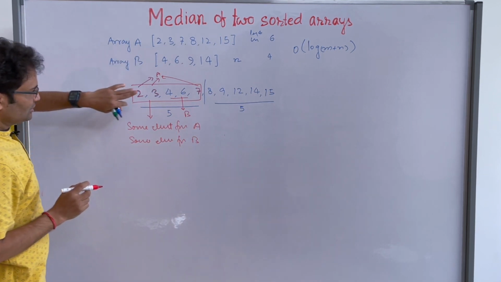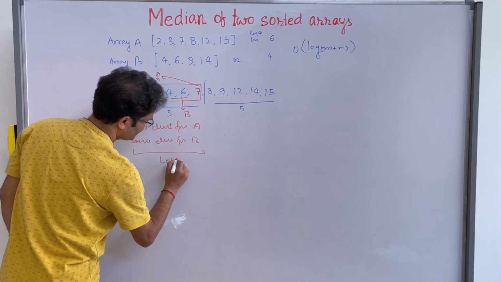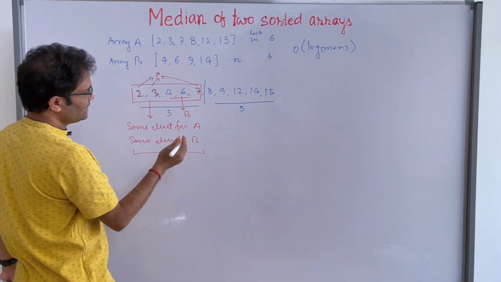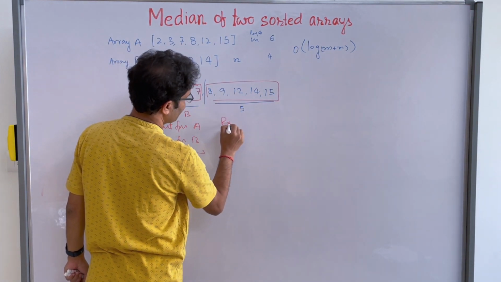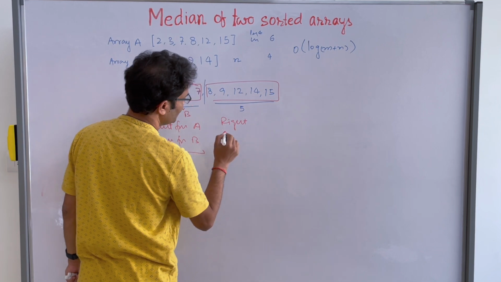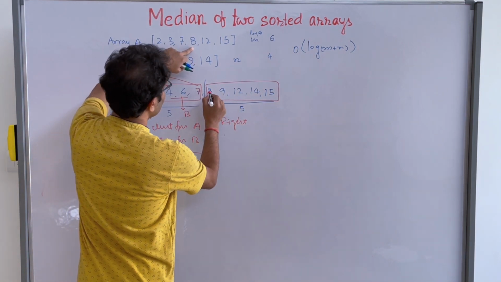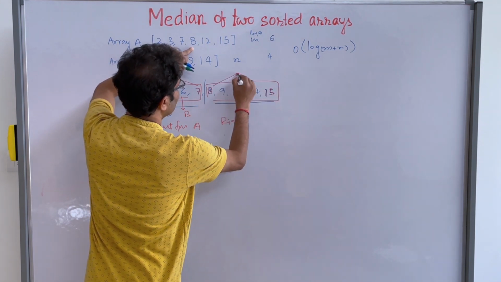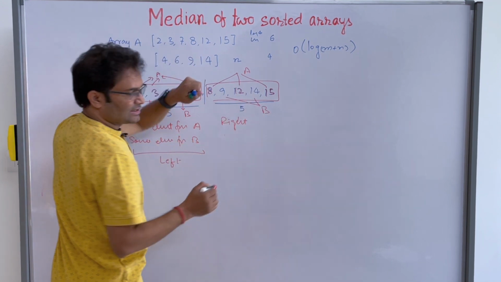So this is the complete left side, with elements from A and B. And on the right side, 8, 12 and 15 are from the A side, and 9 and 12 are from the B side, right?